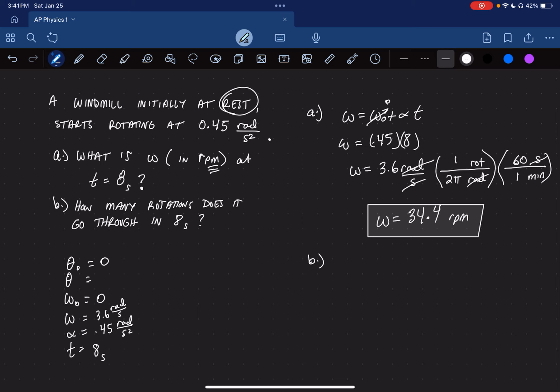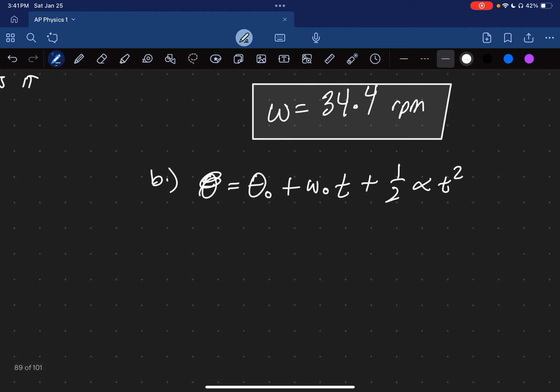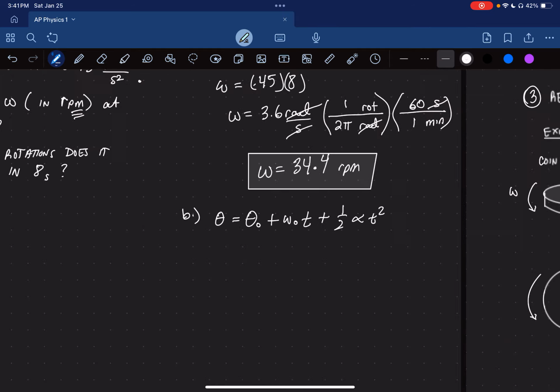But it's kind of a moot point because, well, it's not a moot point, but we don't really need it for this one. We want to know how many rotations it goes through in 8 seconds. Well, that's actually an important point to make. I forgot my numbers.